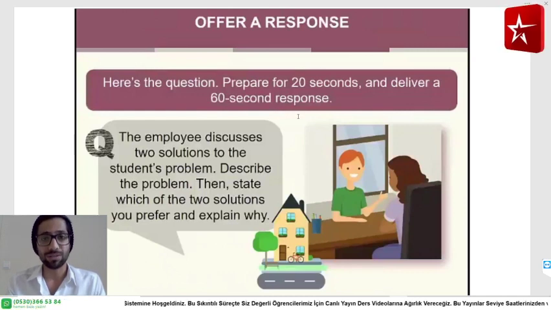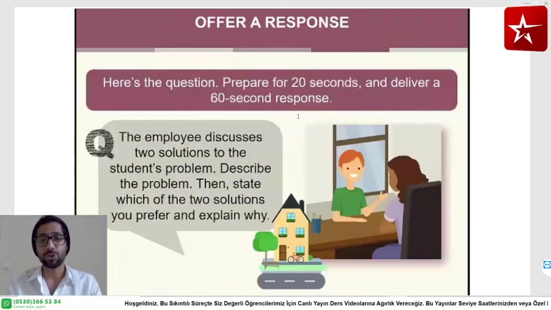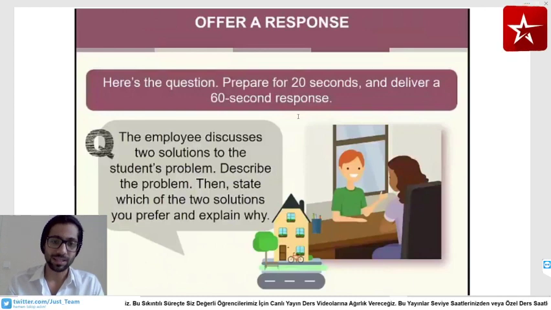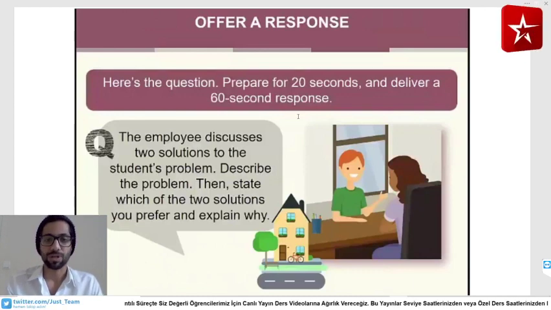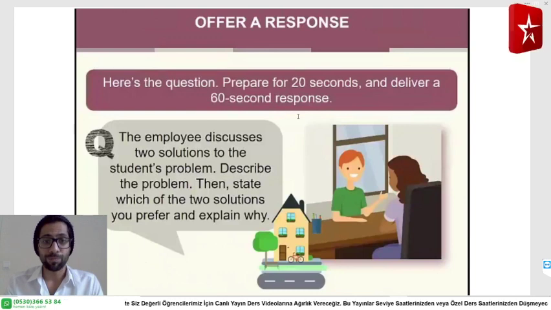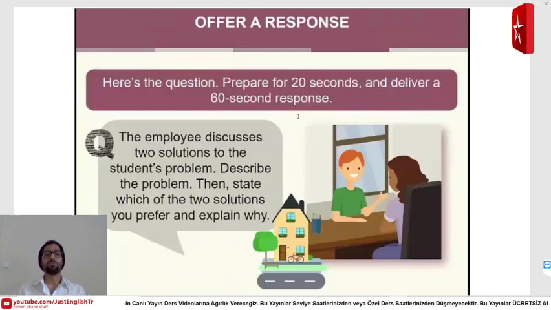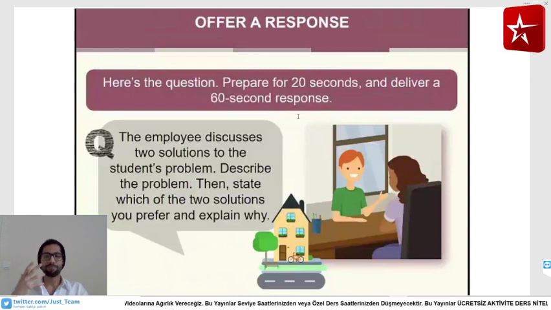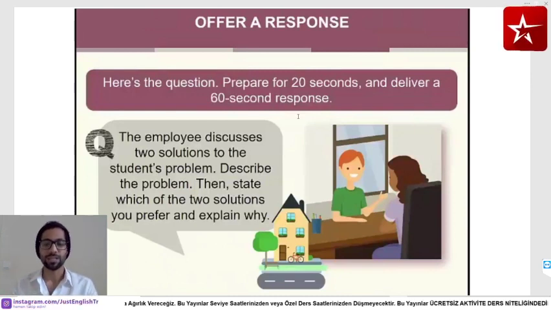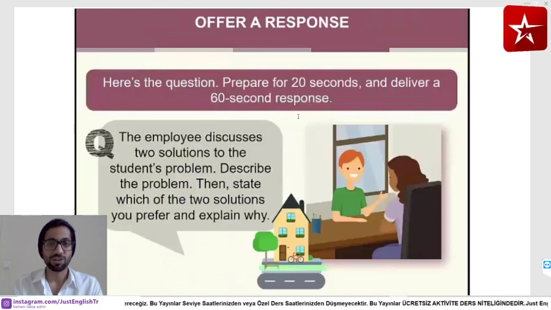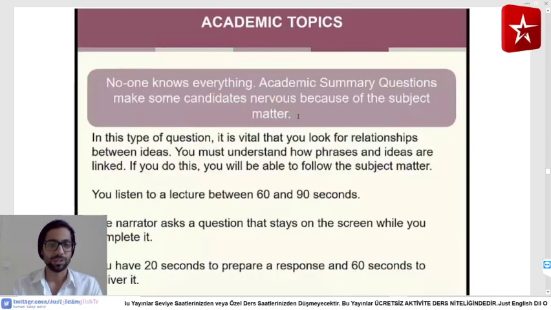Now you need, sir and ma'am, to address exactly what he asked you to address. So what is the problem? There will be 2 solutions and you will describe the problem, say which solution you prefer, and why. Take your time, make your notes, don't be very stressed about it. It will be very smooth.